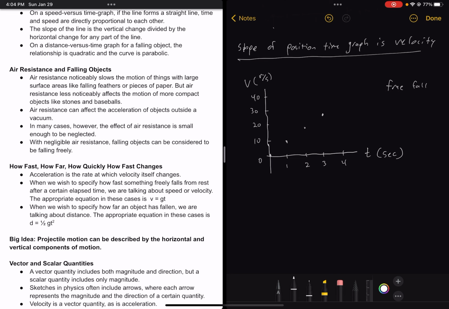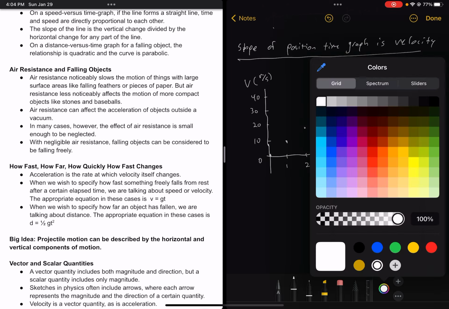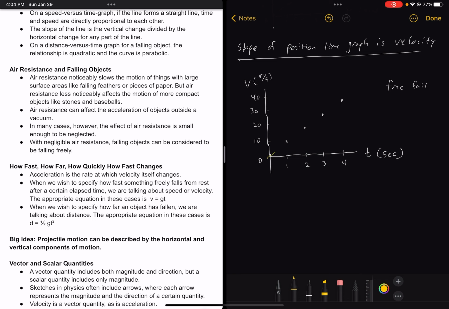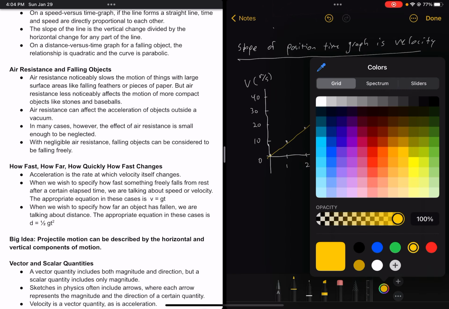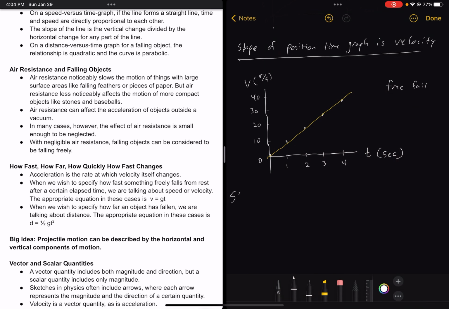All right, so being able to read a graph and understand what's being measured. Here, the slope is going to be the acceleration. The slope of a velocity time graph is acceleration. And again, this makes sense because slope is rise over run.